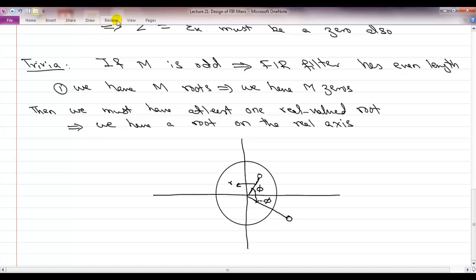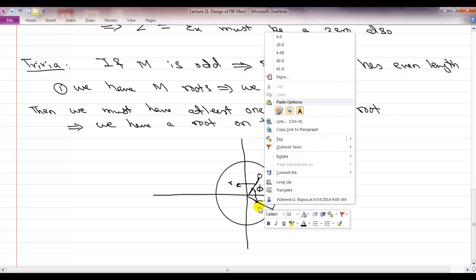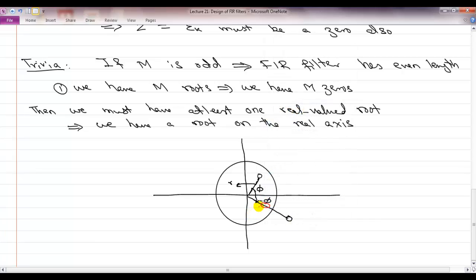So if you have a 0 at distance r and angle phi, you have a conjugate pair, which means you have another 0 at distance r and angle minus phi.